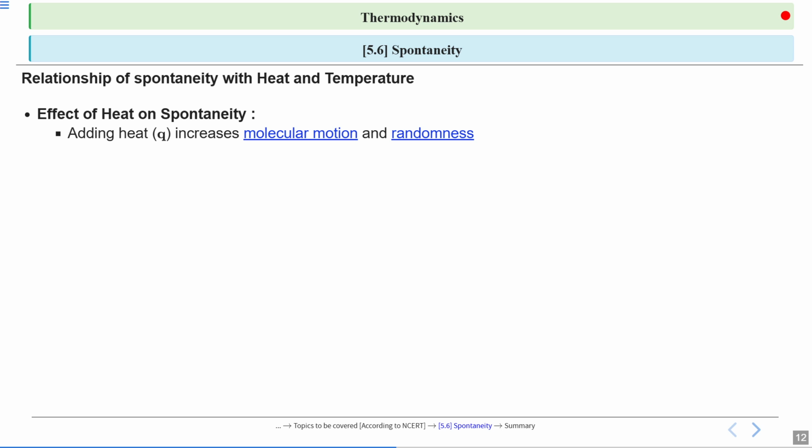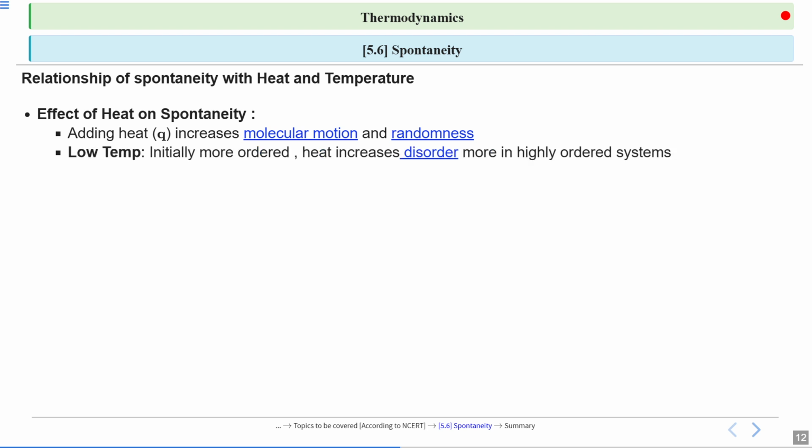Its molecular motion will increase and your system will become more and more random. So what you can say, spontaneity or entropy, I would specifically say entropy, is directly proportional to the heat supplied because it increases the molecular motion. How is the molecular motion increasing? Because when you supply heat, you are supplying energy. Therefore, molecules will move with a much higher speed.